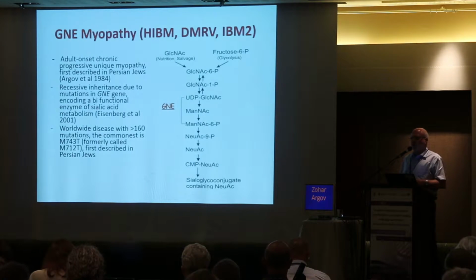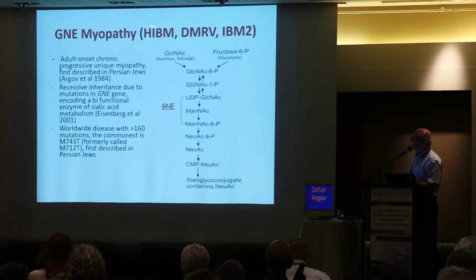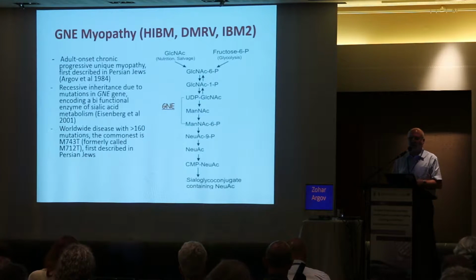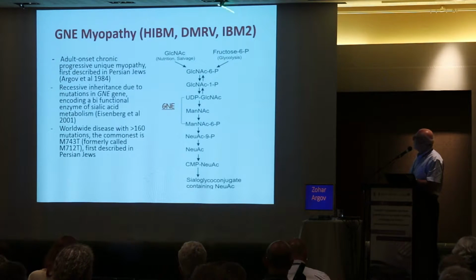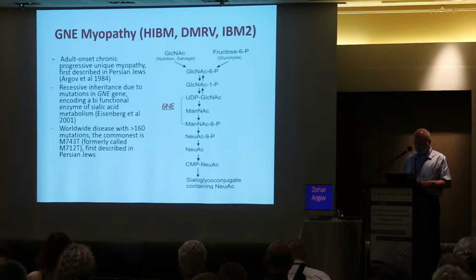When the gene was found, it turned out that this is a worldwide disease. It had several names: hereditary inclusion body myopathy in the Western world, distal myopathy with rimmed vacuoles in the Asian world, and IBM2 in some other terminology.